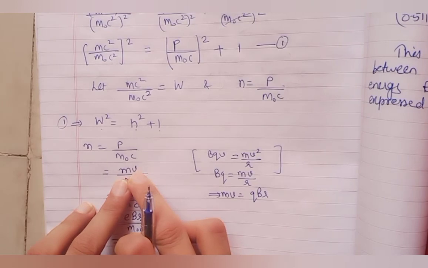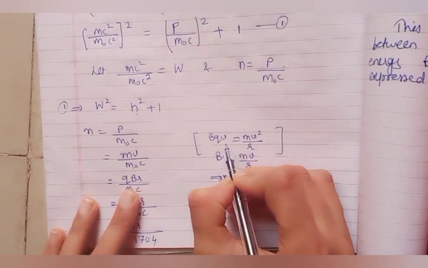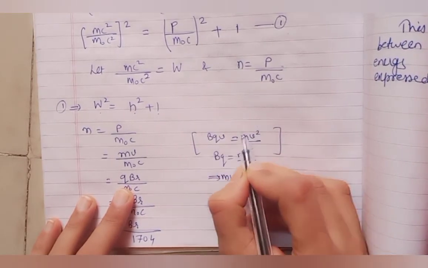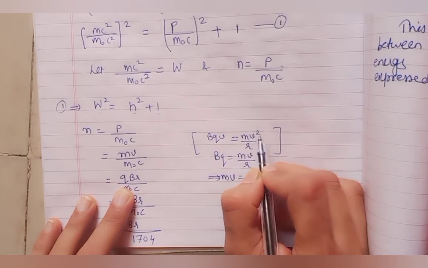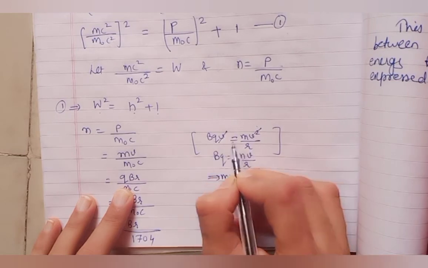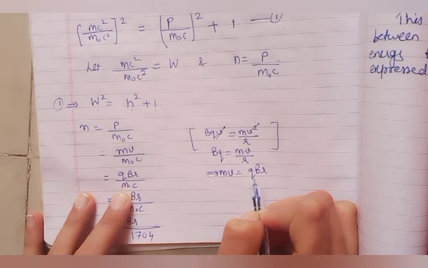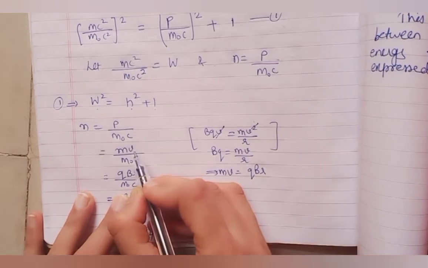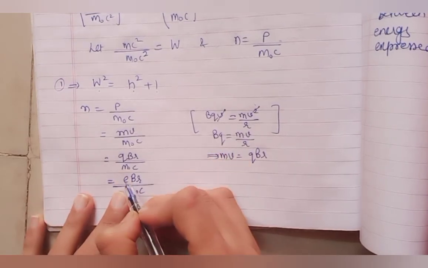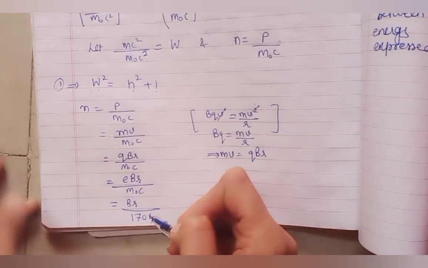Now we have n equals p upon m0 c. For p I can write mv upon m0 c. We know that in the magnetic spectrograph, the magnetic force is balanced by the centripetal force mv square by r. So BQ equals mv by r, that is, mv equals QBR. I will substitute the value of mv as QBR upon m0 c, and the charge of an electron is e, so I replace Q by e and get eBR upon m0 c.